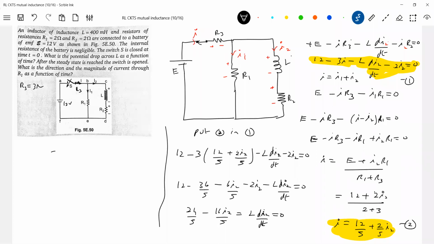Solving for this, we'll get the equation for the current I2. So 24 minus 16 I2 equals 5L di2 by dt.